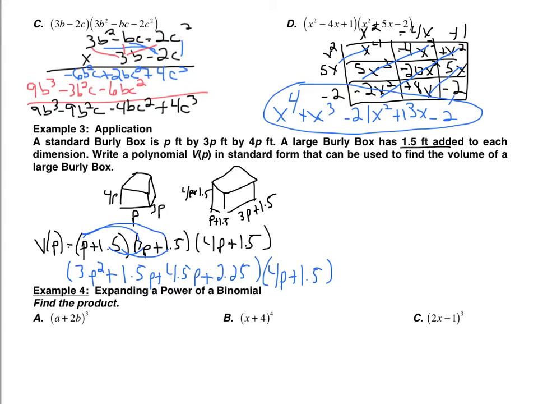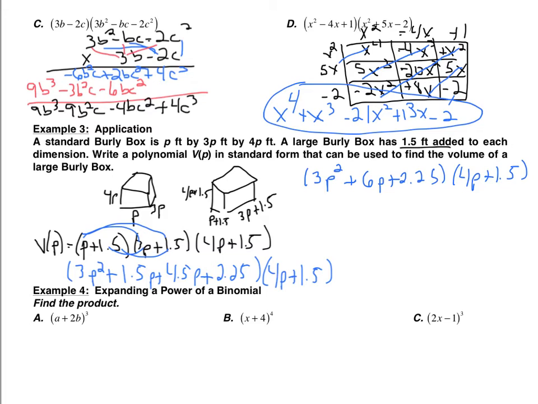And then to simplify that, we rewrite it over here. So we have 3p squared plus 6p plus 2.25 times our 4p plus 1.5.